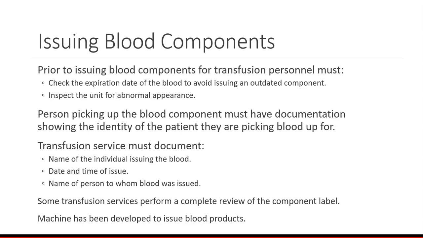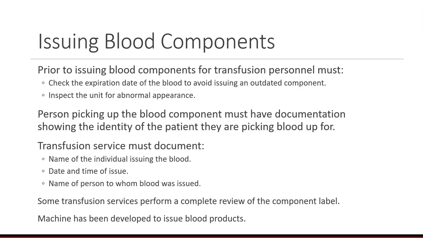The person picking up the blood component must have documentation showing the identity of the patient they're picking up blood for. This way I have some assurance that they're picking up the proper component for the proper patient and that they're not going to take this unit of blood and go transfuse it to a totally different patient.